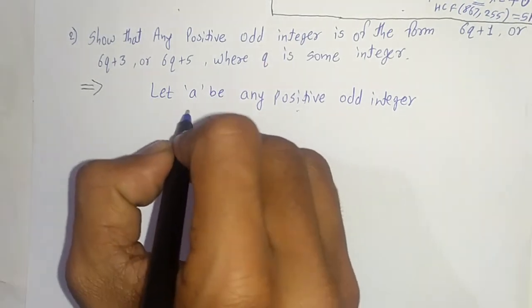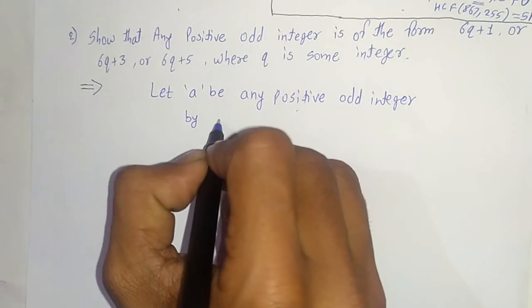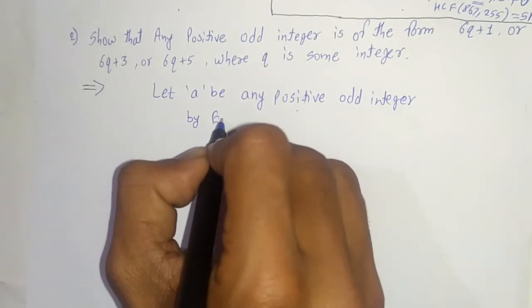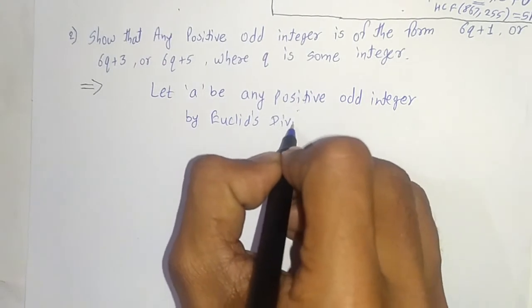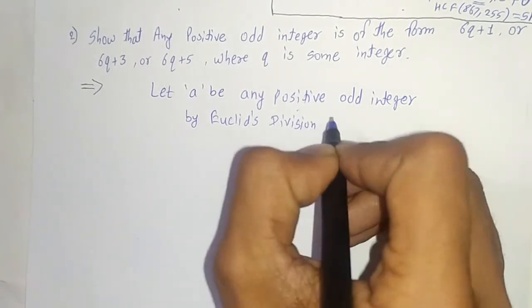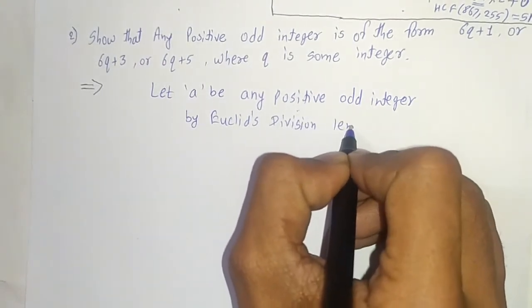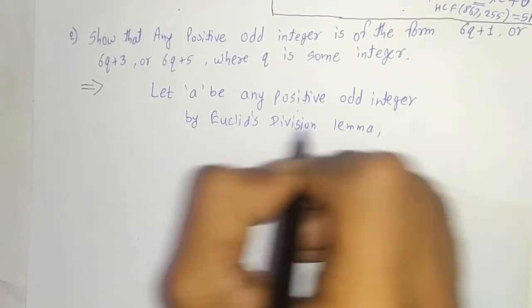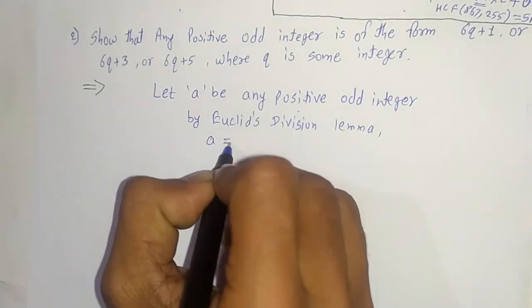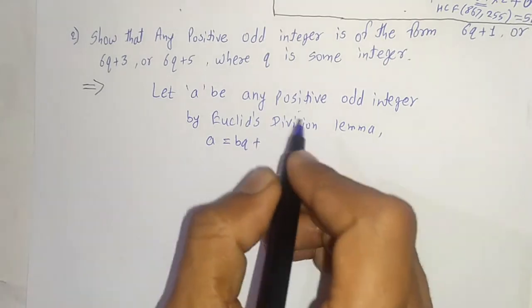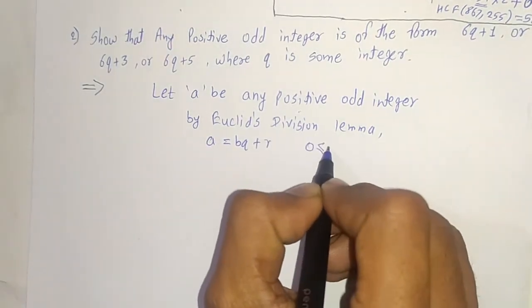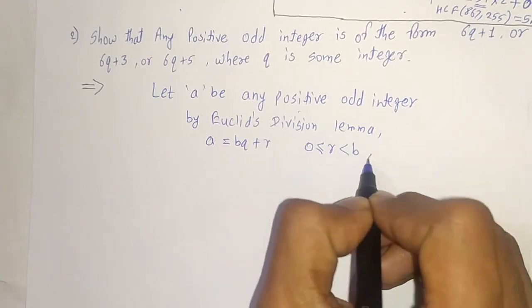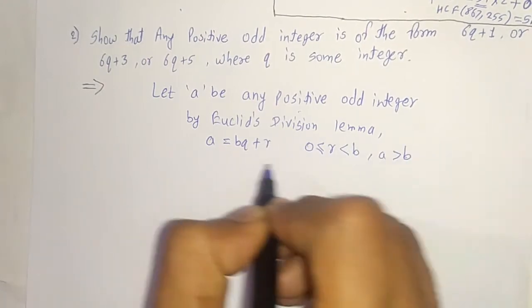So write down Euclid's division lemma. By Euclid's division lemma, a equal to bq plus r, 0 is less than or equal to r less than b, and a should be greater than b.